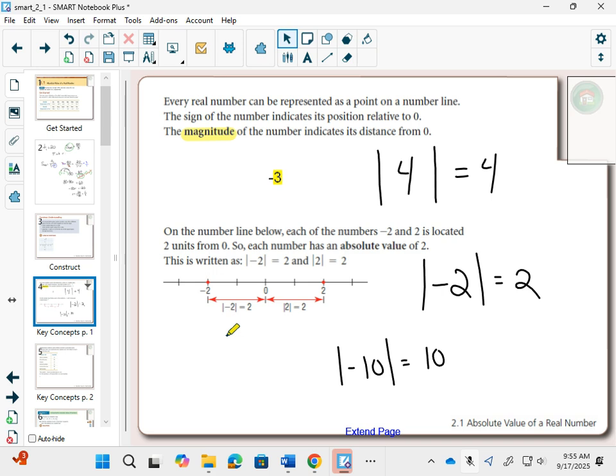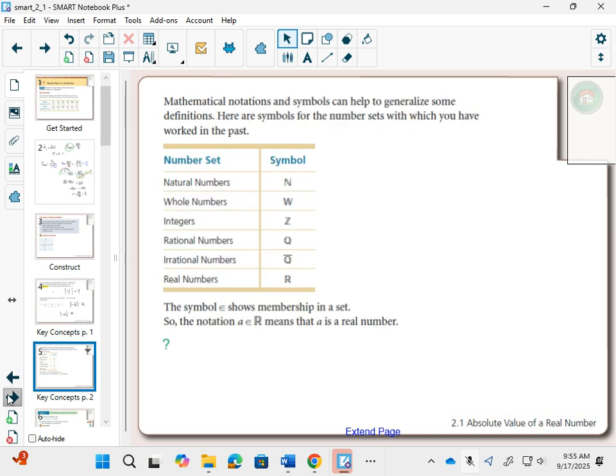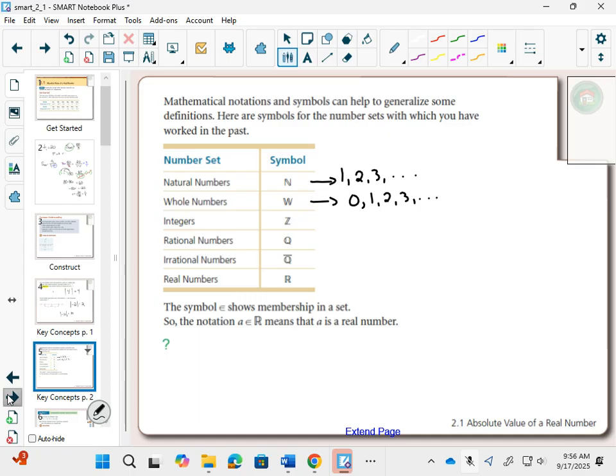Okay. So, other things from the past that are important. Do you remember your different number families and the symbols that we use for them? Your natural numbers are your counting numbers. 1, 2, 3, 4, 5. Your whole numbers just add 0.